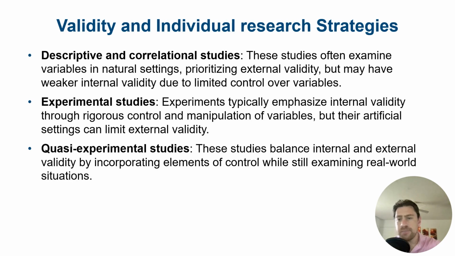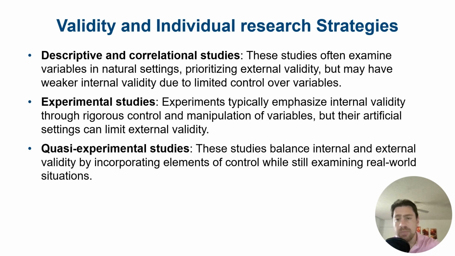And finally, let's discuss the relationship between validity and research strategies. So the different research strategies that we've been discussing, descriptive, correlational, experimental, quasi-experimental, these all vary in the emphasis that they place on internal versus external validity.